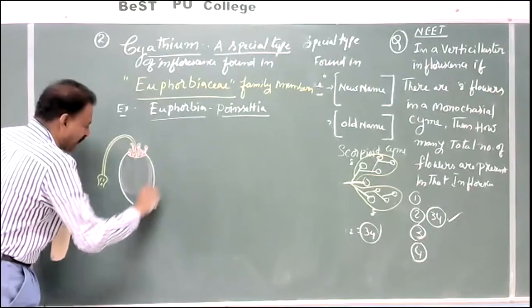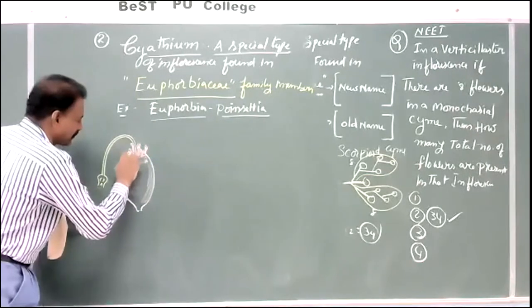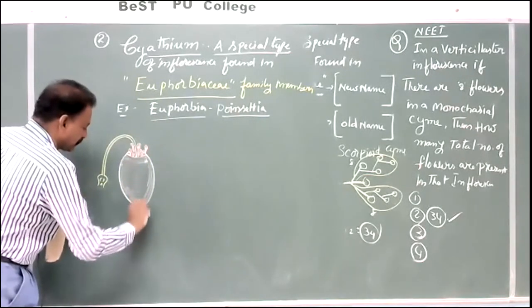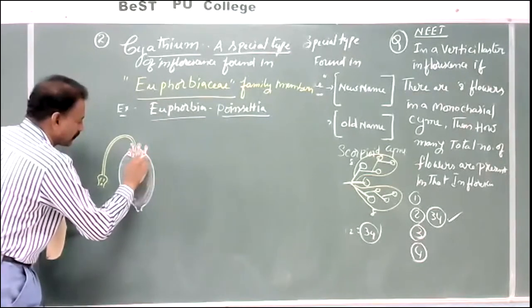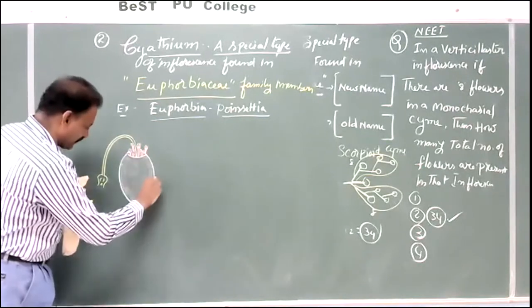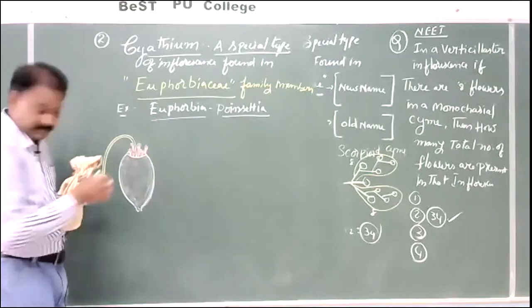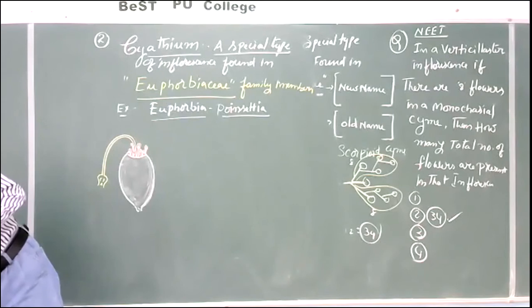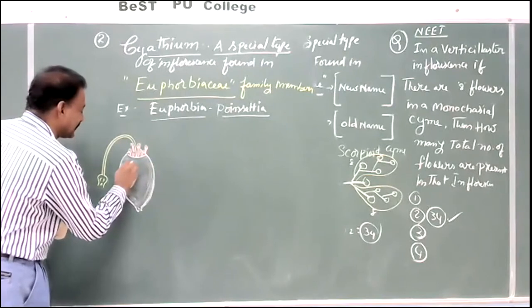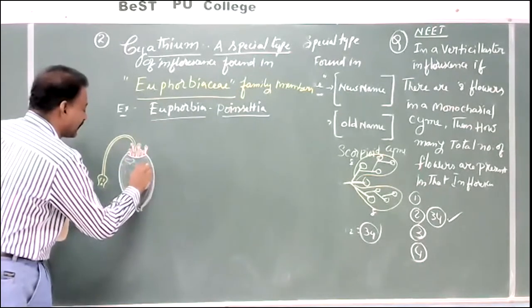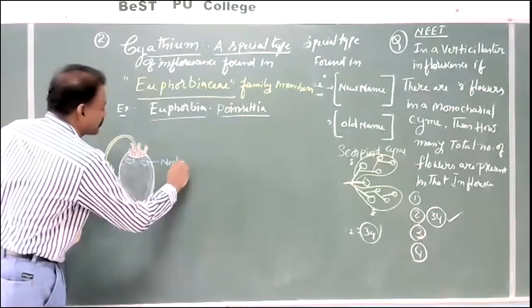A flower-like inflorescence. On this back, some structures are present which are called glands, nectar glands, nectar.